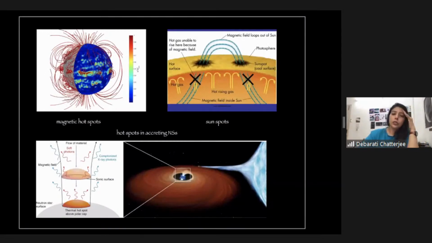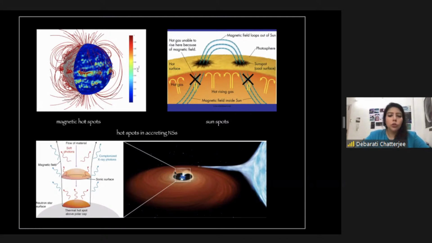The last thing I noticed is that somebody asked yesterday whether hotspots in neutron stars are similar to sunspots. I mentioned yes, but that was in the case of magnetic hotspots. It's true that for magnetic hotspots it is similar, because although the configuration of the magnetic field is different, the cause of the hotspot is the same. But I also forgot to mention another very important origin of hotspots, in the case of accreting neutron stars.